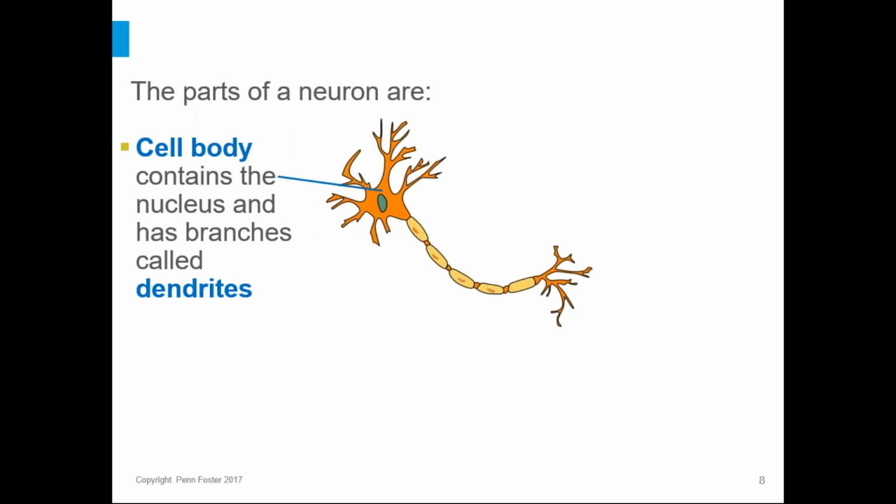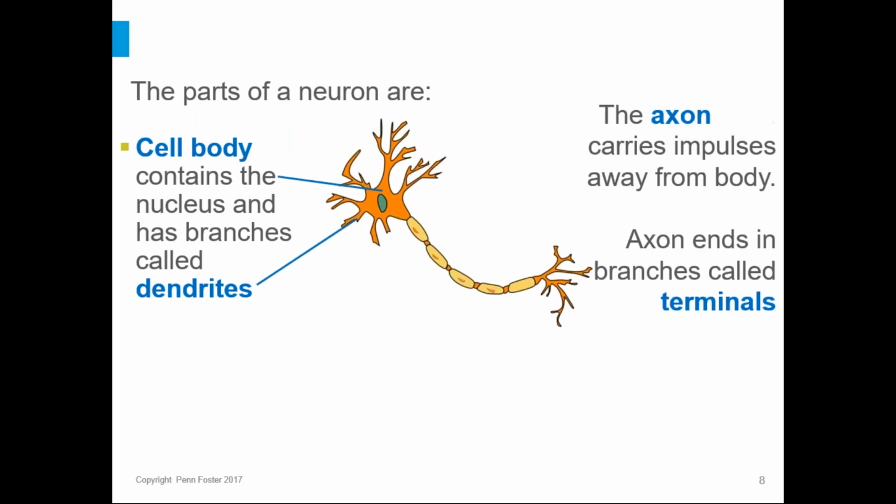The parts of the neuron are the cell body, which contains the nucleus and has branches called dendrites coming off of it, and the axon, which is a long fiber coming off of the cell body that carries impulses away from it. The axon ends in branches called terminals.